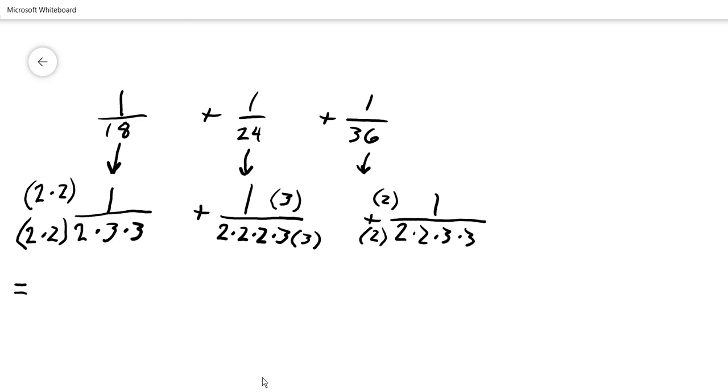The first fraction, 2 times 2 times 1 is 4. Plus that second fraction, 1 times 3 is 3. Plus 2 times 1 is 2 on the third fraction.